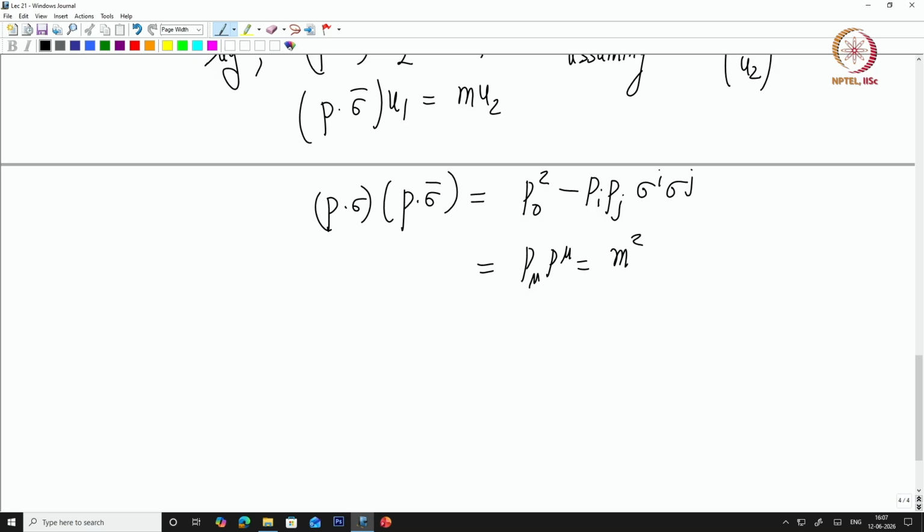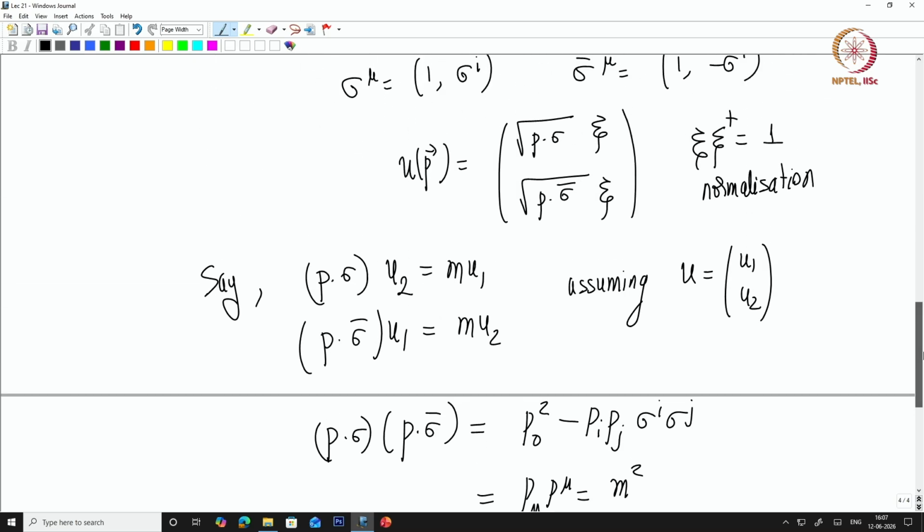Okay. So, this relation will give me the promised result, that this is the form which is correct essentially.